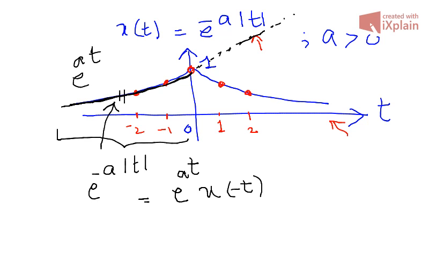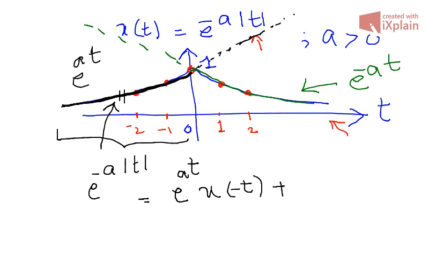this black curve here, from here up to here, can be represented as e raised to the power at u of minus t, plus the other one, which is basically a decaying exponential, right? This is like e raised to the power minus at.